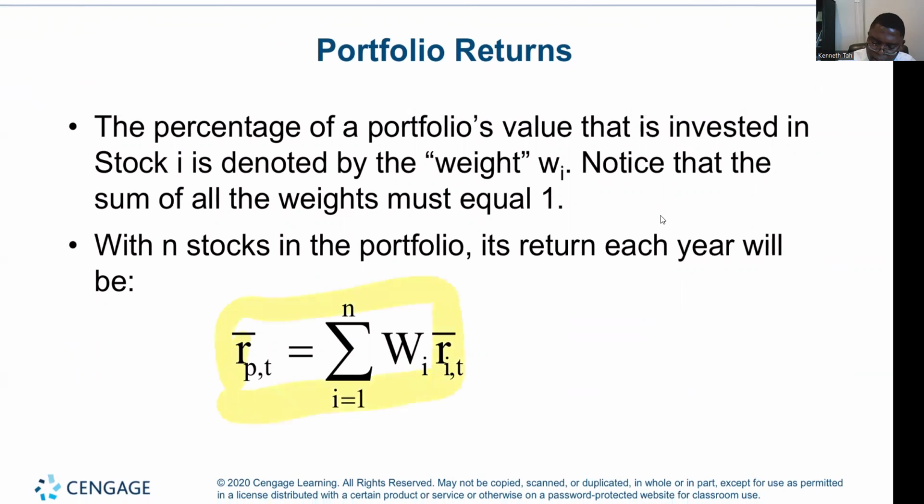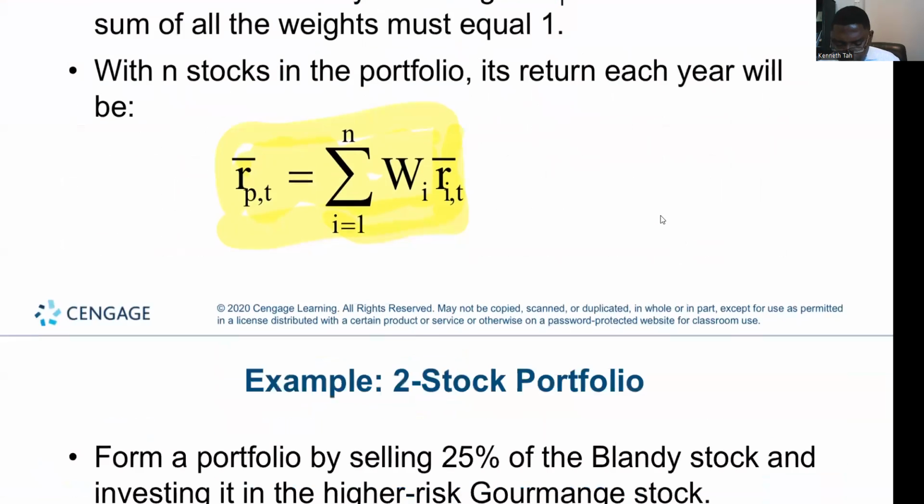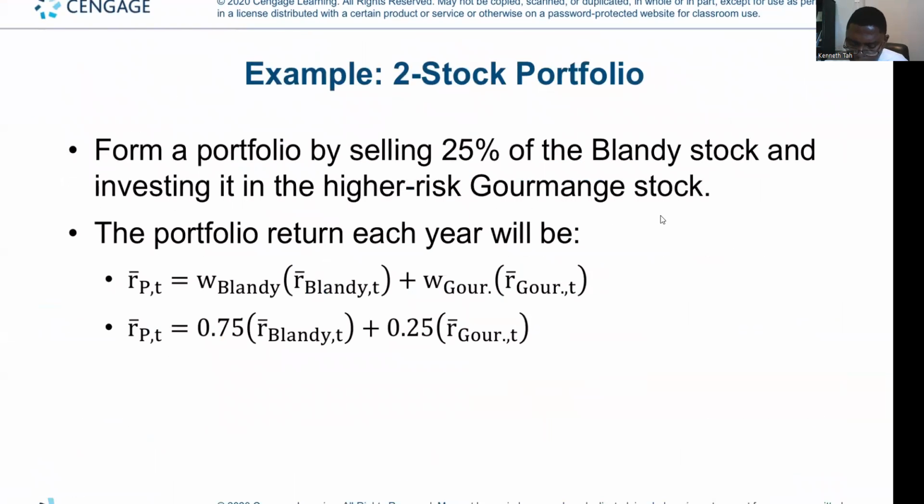So the return on a portfolio is the sum of weights times the return of each asset in the portfolio. That means that instead of having Blandy and Gomash stock separately, we can build a portfolio.